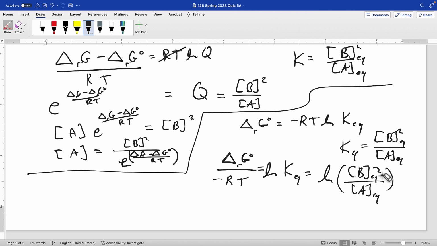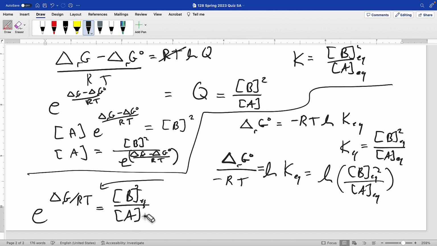The only unknown was the concentration of A. If we take the exponential of both sides, we get E to the negative delta G standard over RT is equal to B at equilibrium squared over A at equilibrium. We have to be careful, that's delta G standard that we were talking about.